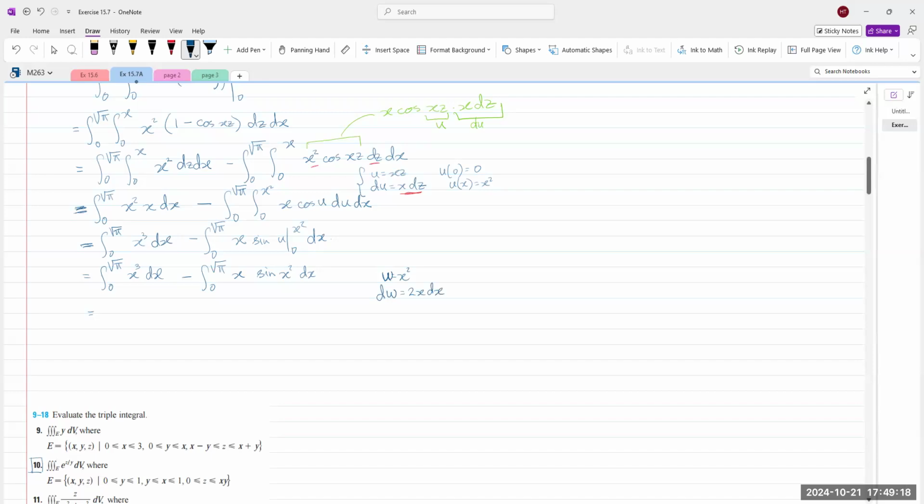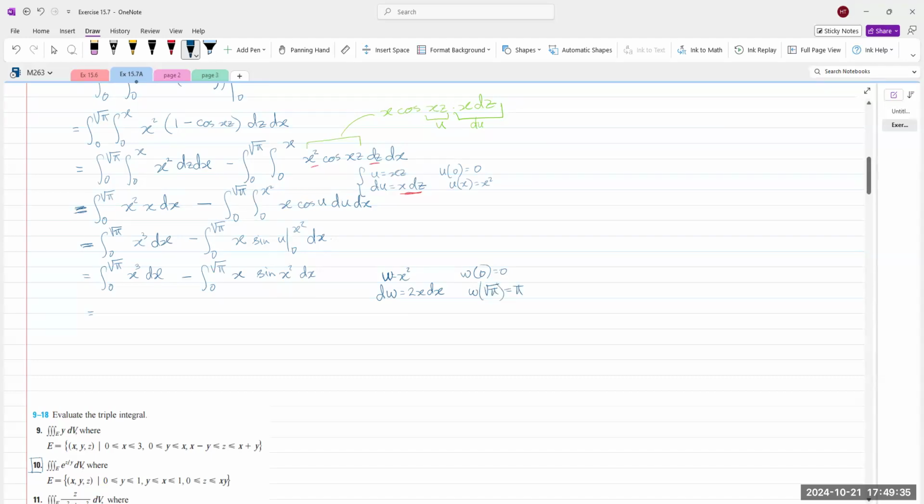Thomas, why can we not use u now? Well, because we used the variable u already as a dummy variable earlier, so don't use u anymore. Okay, so w at 0 is 0, w at square root of pi will be pi.